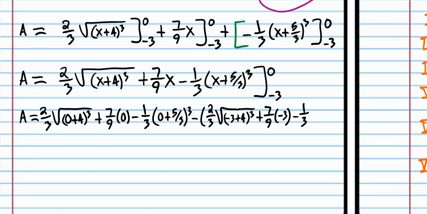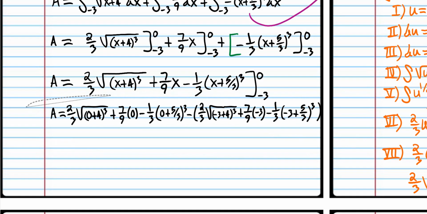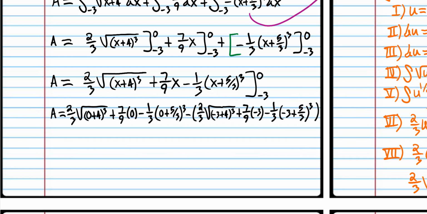So we have -1/3 (-3 plus 5/3) to the third power. And let's see if we can fit all that onto the same page. There you go.